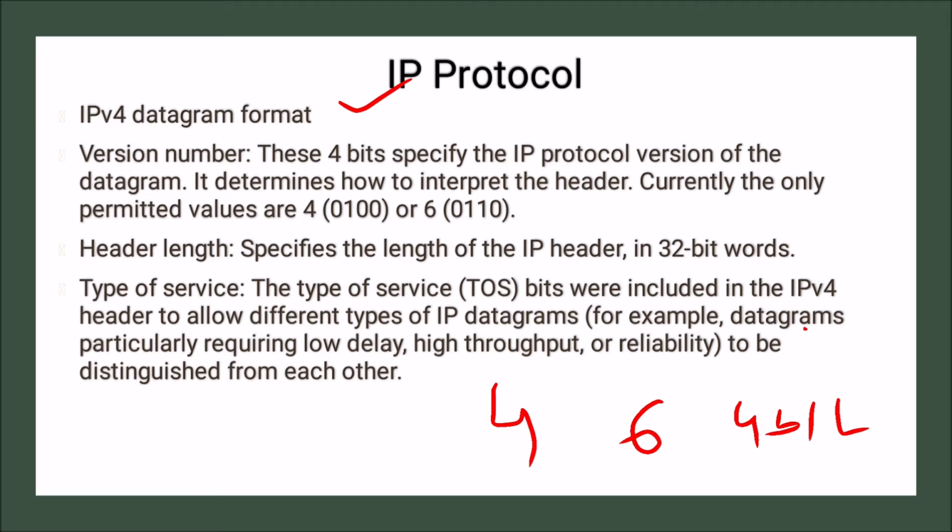Then the third field is type of service. The type of service bits were included in the IPv4 header to allow different types of IP datagrams, for example datagrams particularly requiring low delay, high throughput or reliability, to be distinguished from each other.